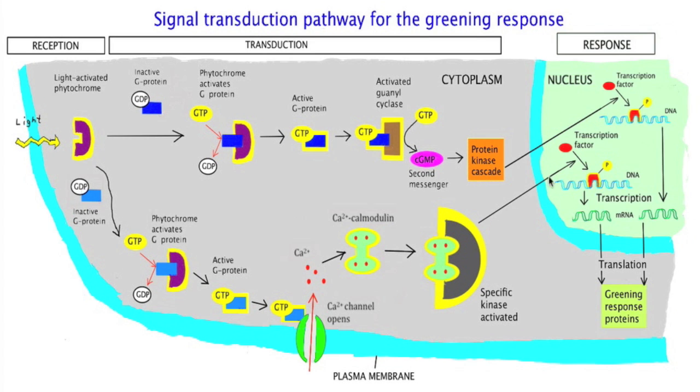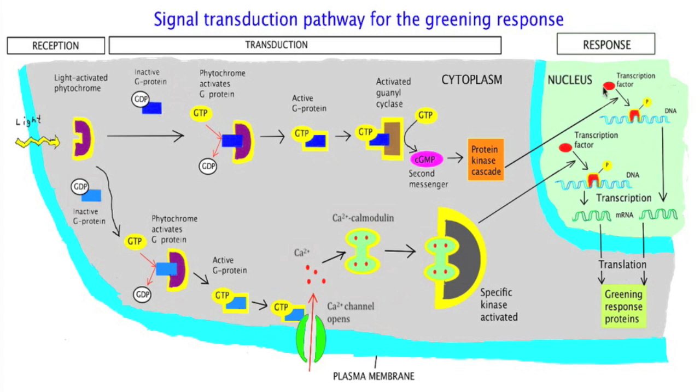What does this arrow show happening? The calmodulin attached to the protein kinase is going to become a transcription factor? So what is this? That is the specific kinase activated. Actually, that's incorrect.